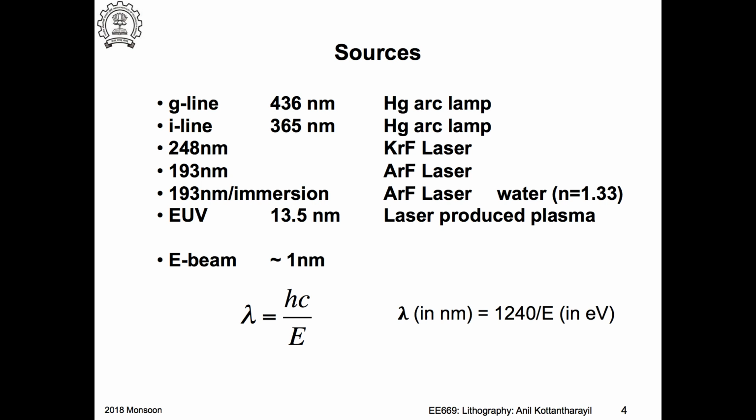So what is the problem? If I want to use this for lithography, what is my problem? If I want to make anything, a lens for example, to focus this, what material would I use for making that lens?